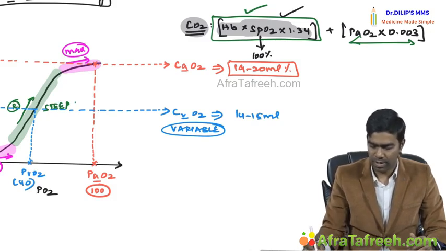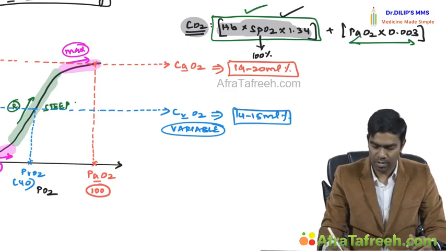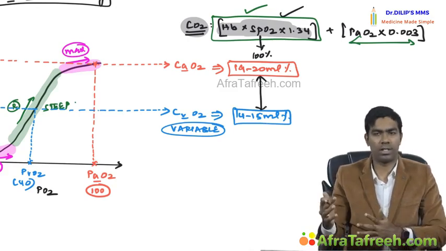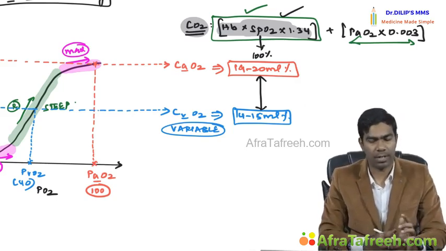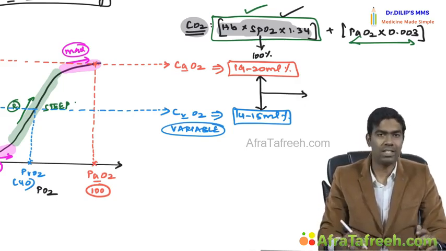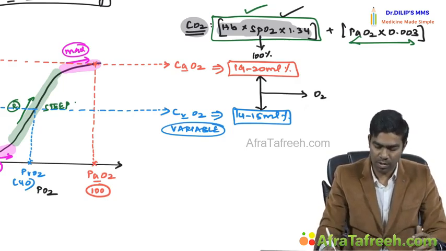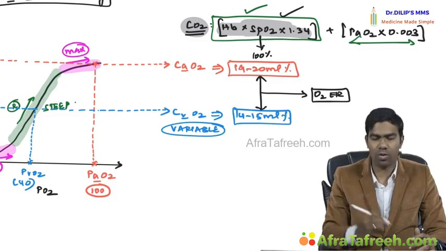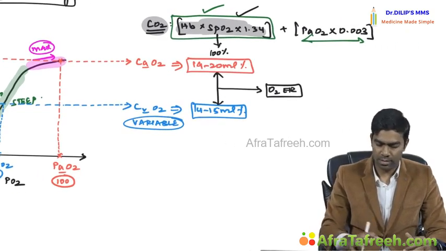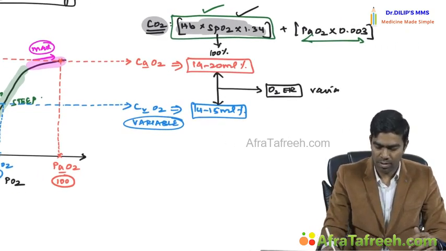Which means there is a difference you're going to get between the arterial oxygen content and the venous oxygen content. This difference is what we refer to as oxygen extraction, and it's going to be highly variable between organs. For example, the difference is maximum for the heart actually.